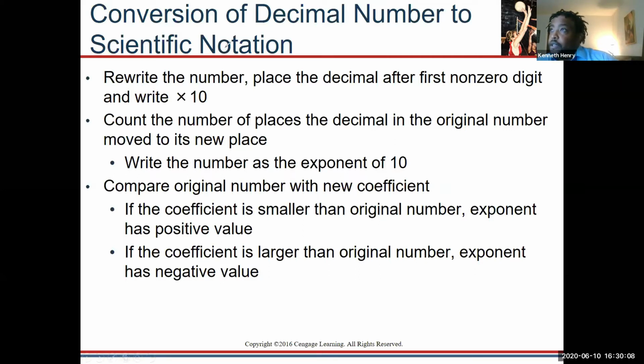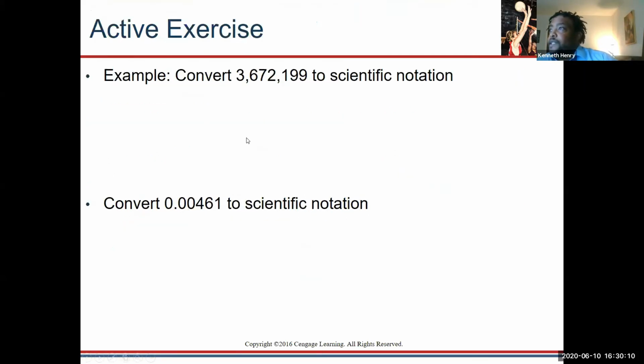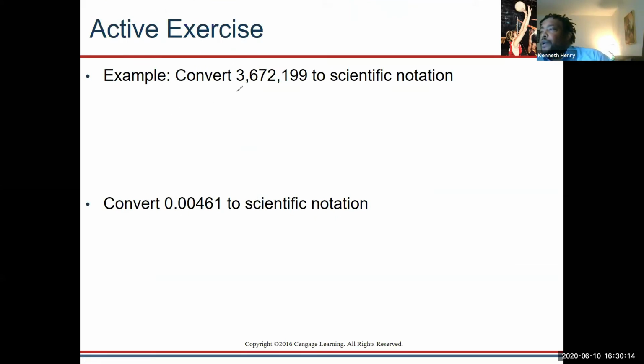So, start with an example. We have 3,672,192, and we want to change that to scientific notation. The way that I always go about it is I move my decimal so that I get that single digit before the decimal and then my number. So in this case, it would be 1, 2, 3, 4, 5, 6.